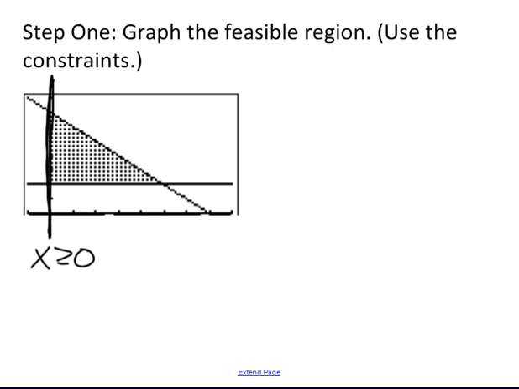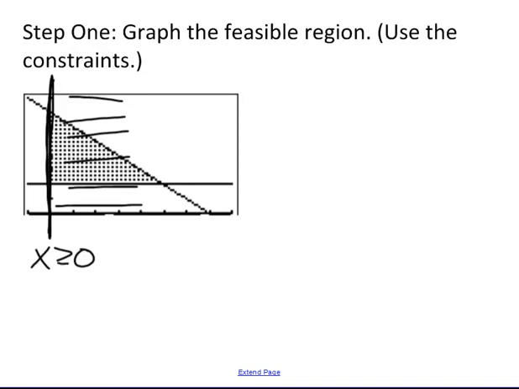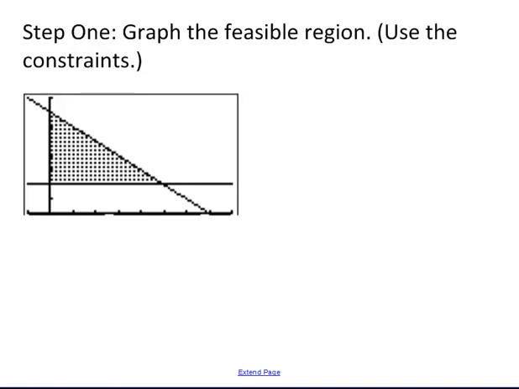You would shade to the right. y has to be greater than or equal to 2. That would be a horizontal line at 2. So here is my horizontal line at 2, greater than or equal to, so I would shade up. Remember, with the shading, we only look at the overlap. So I'm not going to shade over here because there wasn't shading there already.